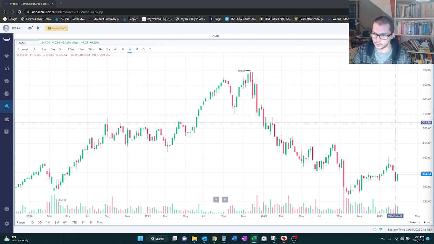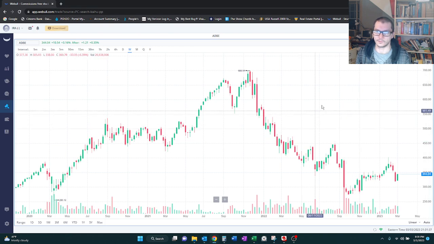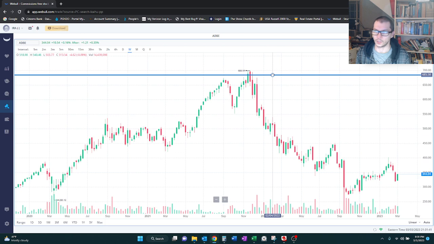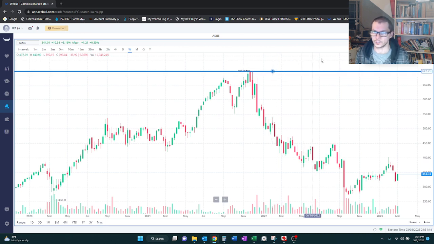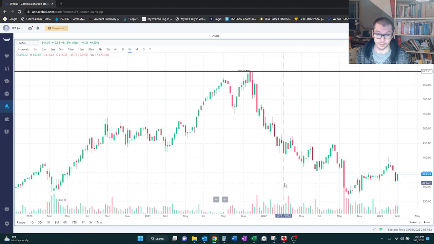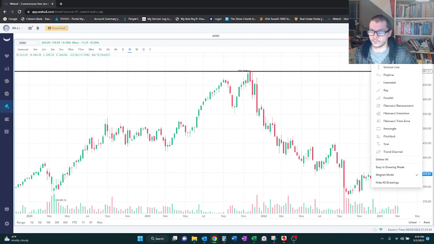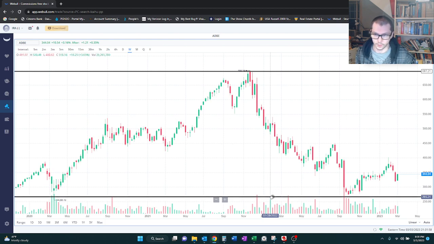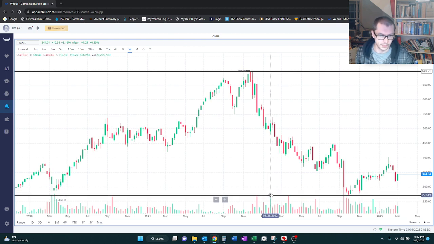So currently it's 344, and if you're unfamiliar with what we're doing, I have a handful of stocks. I'm not sure how many exactly, maybe close to 50, maybe not 50, but maybe like 40. There's a fair amount, and we're going through all of them right now just to get a baseline on what to expect.